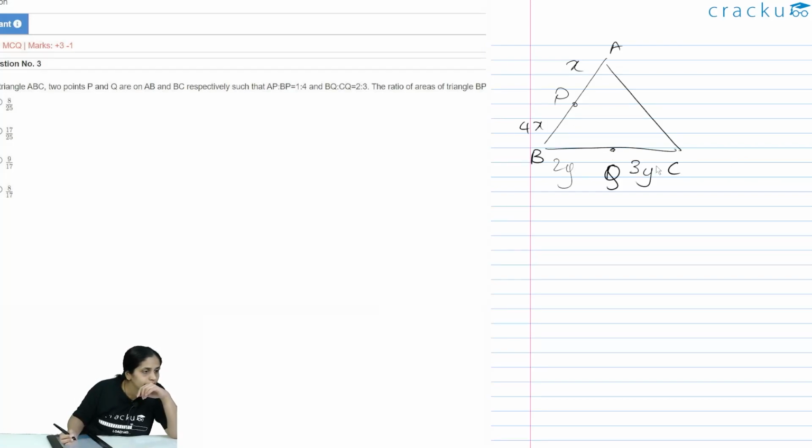The ratio of areas of triangle BPQ and quadrilateral PQCA is how much?